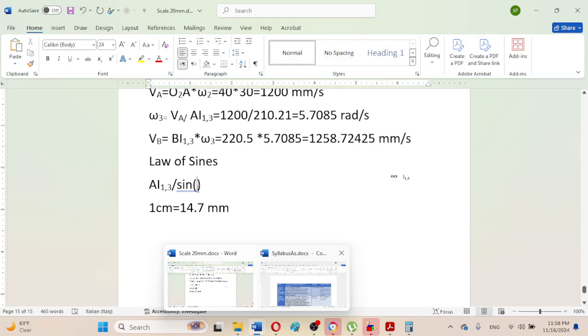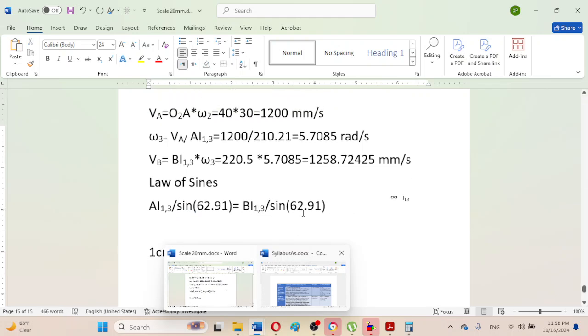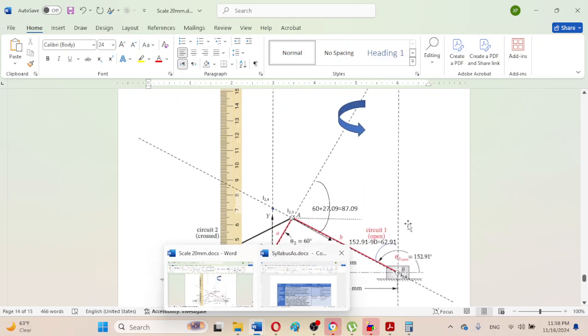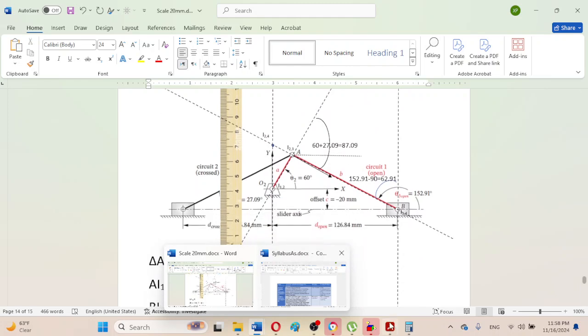The angle is 62.91. In a similar manner, just copy it here, paste it and change it to bi1,3, and the angle in front of this side is 87.09.